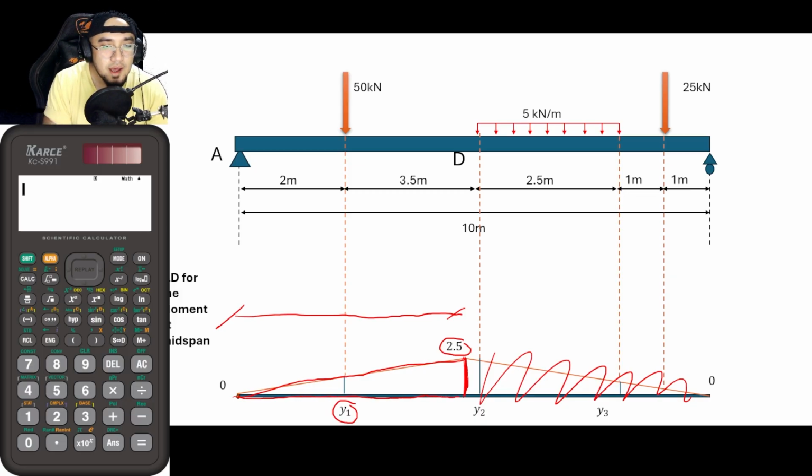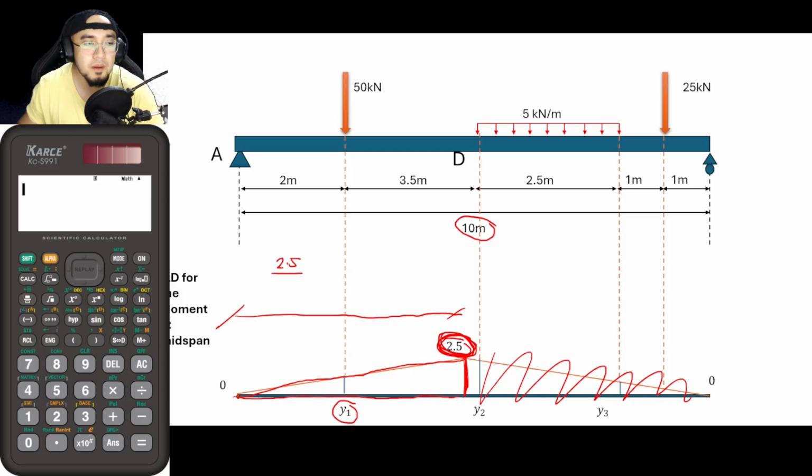So at a vertical component of 2.5 meters, the horizontal, so from this point to this point, is basically 5 meters. So where did I get that? As you can see here, this 2.5 meters is at the midspan, and 10 meters is, of course, for the whole simple beam, and half of 10 is 5, okay?